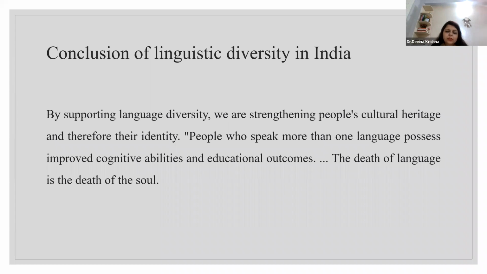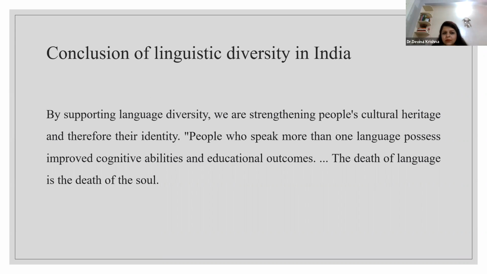So when we conclude this, I also want to say that as a linguist, I always say that no language is pure or impure. Admixture of various races and communities gave rise to mixed languages, responsible for the genesis of modern Indian languages.